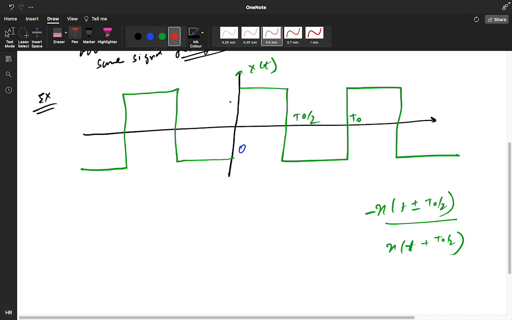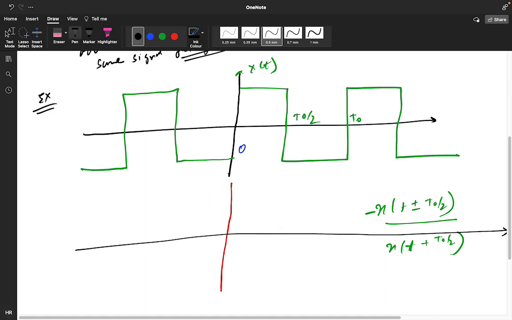Okay. So if you construct your new signal, how will it look? For this part, if you do x of t plus t naught by 2, then t naught by 2 minus t naught by 2 will become 0, and 0 will become minus t naught by 2.